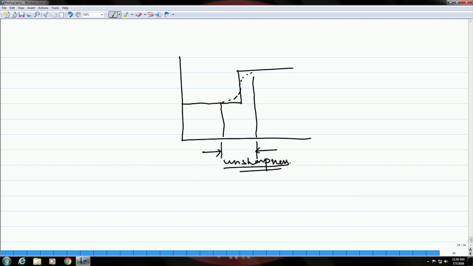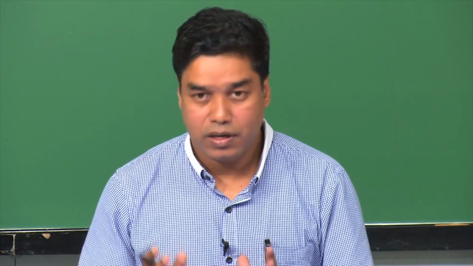And this primarily happens due to the focal spot size of the machine. X-ray machines come with a focal spot which has a finite size, and it is not a point source.